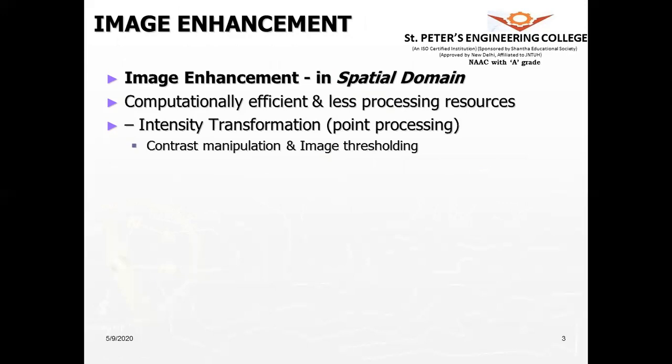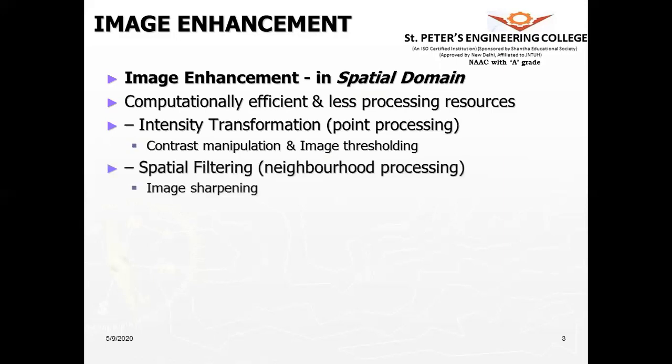So that is why fewer processing resources are required. Then you can perform point processing operations such as intensity transformation, where you can perform contrast manipulation and image thresholding. What are these? We will come to it.